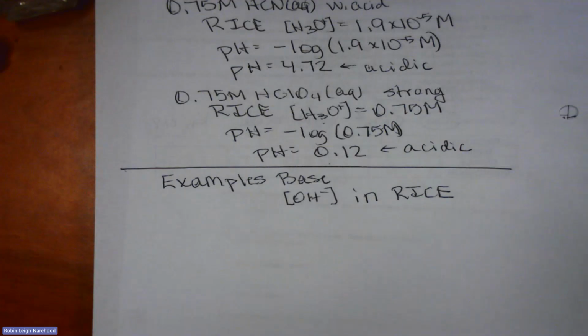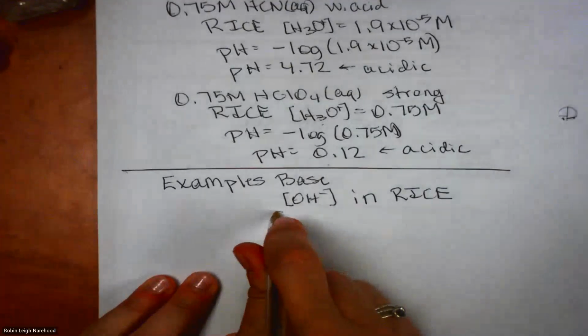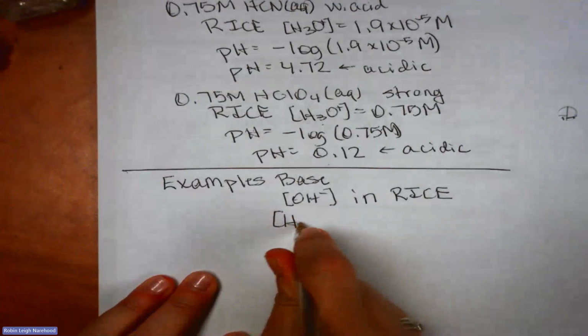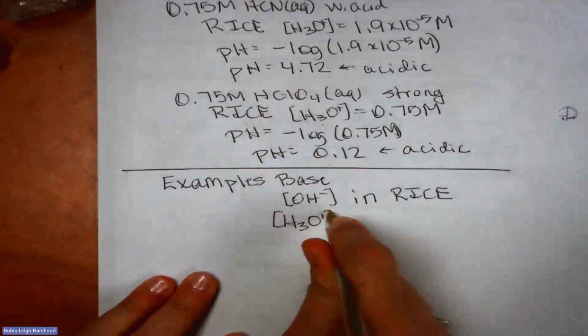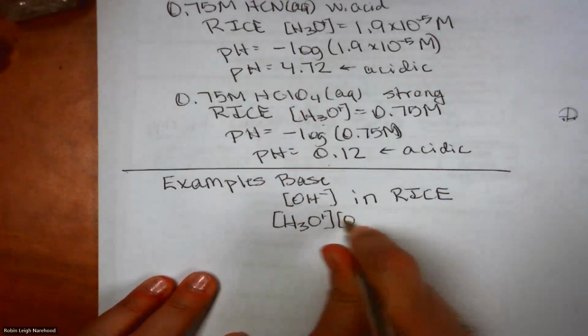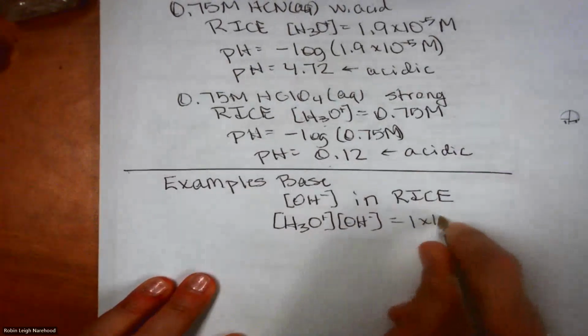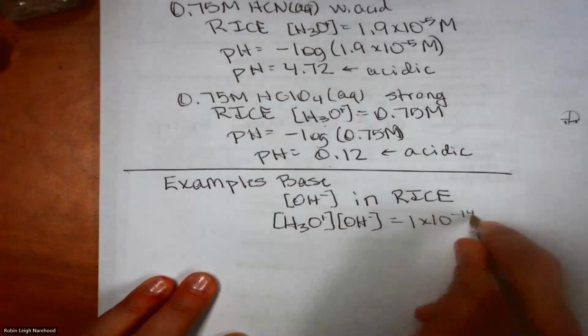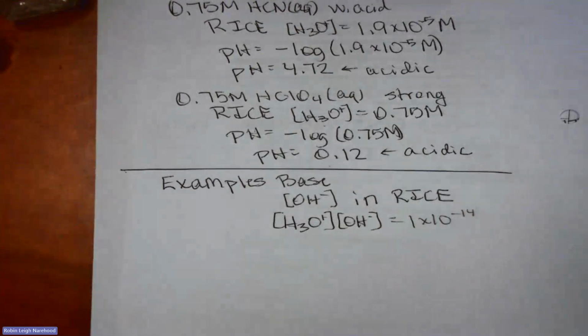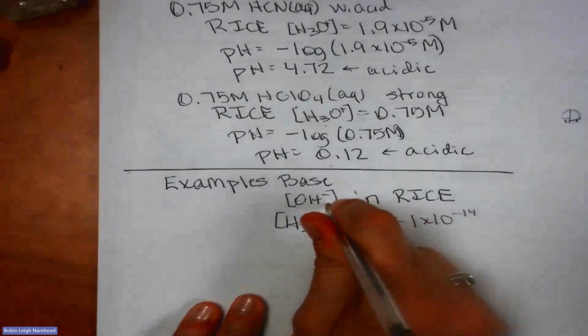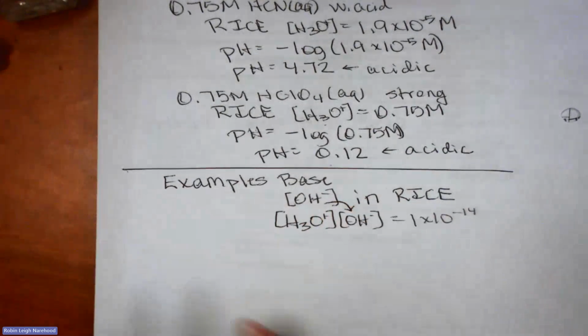There is a constant equilibrium between hydroxide and hydronium in water. So we have to do a little equilibrium water calculation. This is just what happens in water. You're going to take your hydroxide concentration and put it right there.